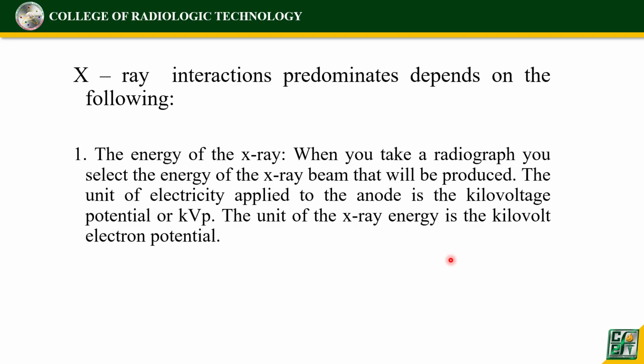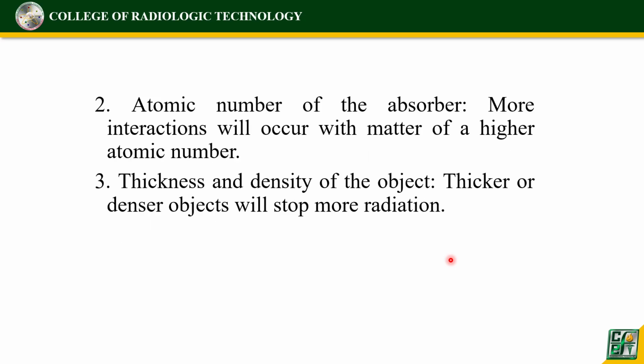The unit of electricity applied to the anode is the kilovoltage potential or kVp. That is the first factor, the energy of X-ray photons.